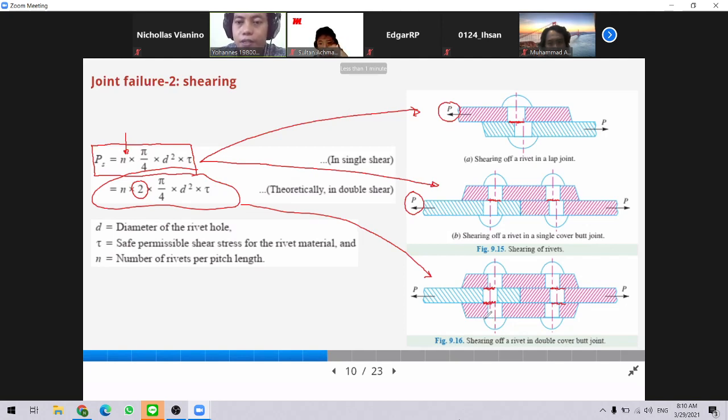So in this case, we have two rivets, and each rivet has two shearing areas. Then here we have four shearing areas. And this shear stress is the property, the shear strength, of the rivet material.